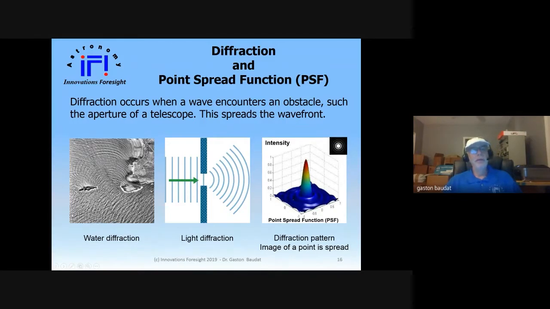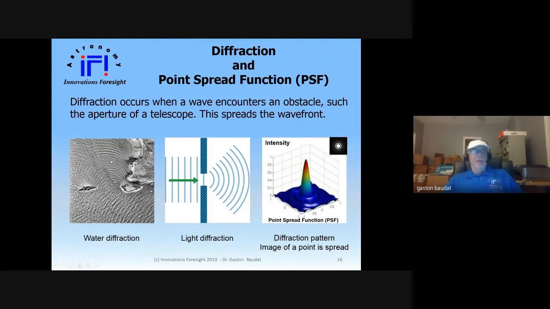When you get waves from offshore, and those are not plane waves here, and you have some kind of aperture obstacle, you get this diffraction effect where the waves start to spread from the aperture in a kind of spherical pattern.